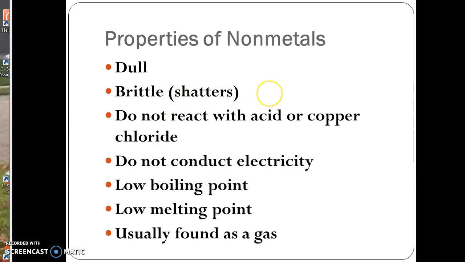If you try to react them with acid or copper chloride, they will not react. They do not conduct electricity, and they typically have very low boiling and melting points. Because of this, usually when you find nonmetals on Earth, they're going to be found in a gas state. That's not always true, but most likely.